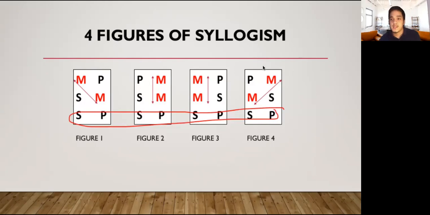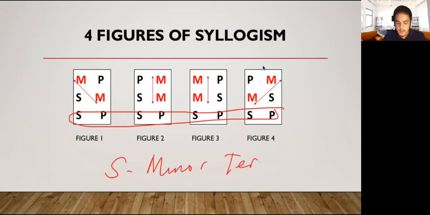So it's a constant structure that S is always the subject of the conclusion, which is the minor term, and P, which is the predicate of the conclusion, is the major term. Okay, so let us just correlate that in our previous discussion.